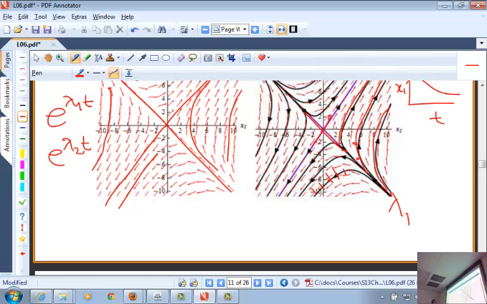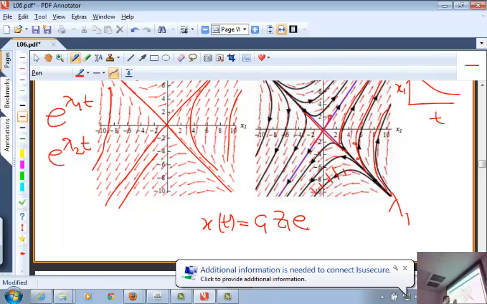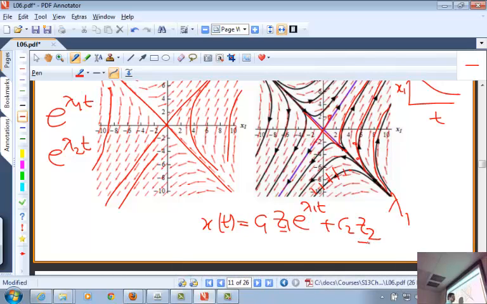What does it mean in terms of the solution? The solution x of t is going to be written as c1 z1 e to the power lambda 1 t, where z1 is the first eigenvector, plus c2 z2 e to the power lambda 2 t. Right?